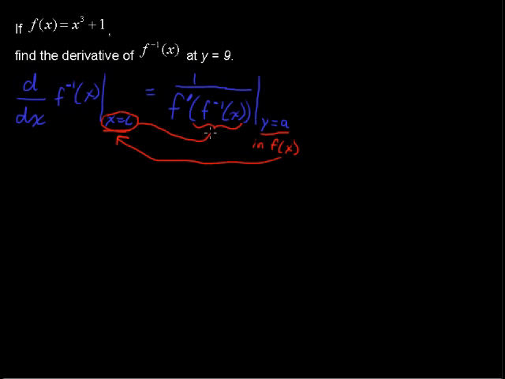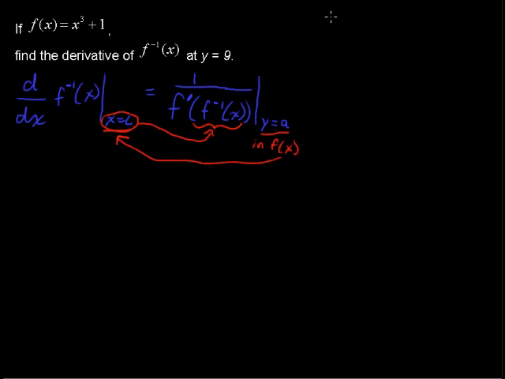I know this seems kind of weird to write it this way, but I'm staying consistent with a lot of the books, and this is really what you're doing. You are taking this value of y, finding what the corresponding x is in the original function, and then plugging it into the derivative of the original function.